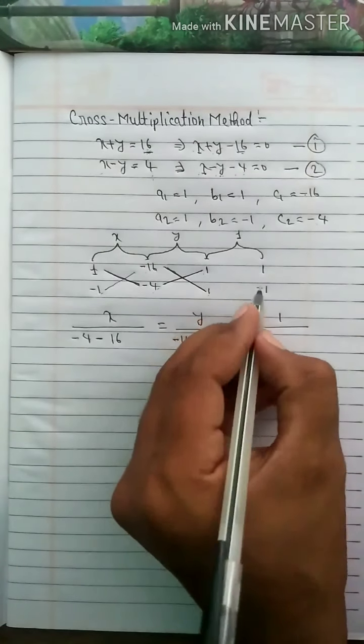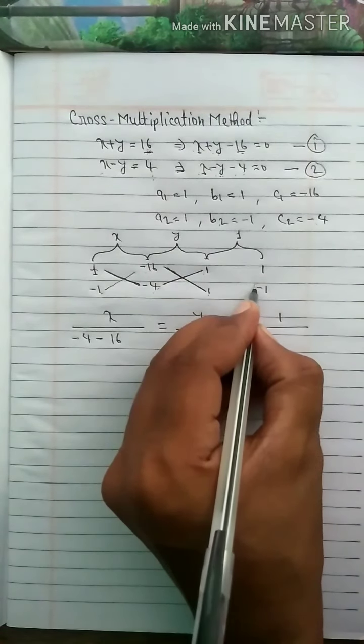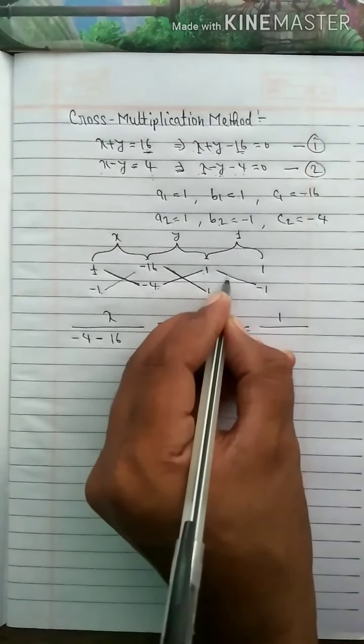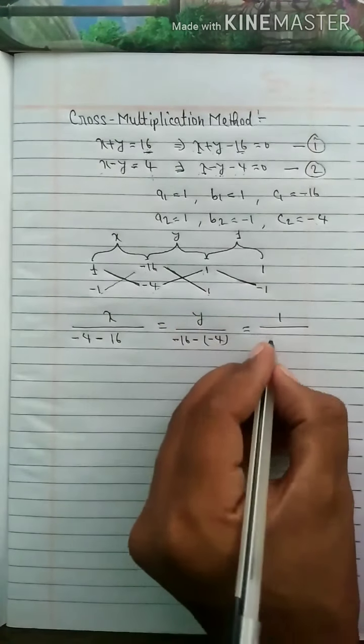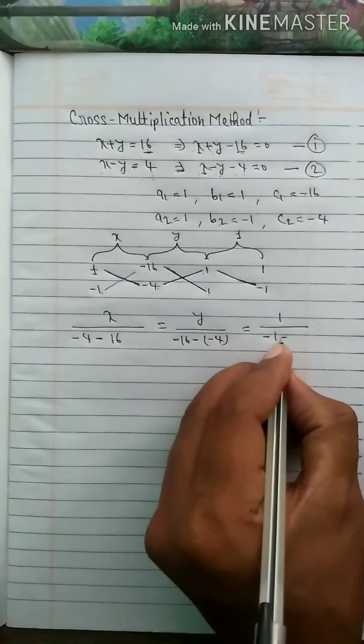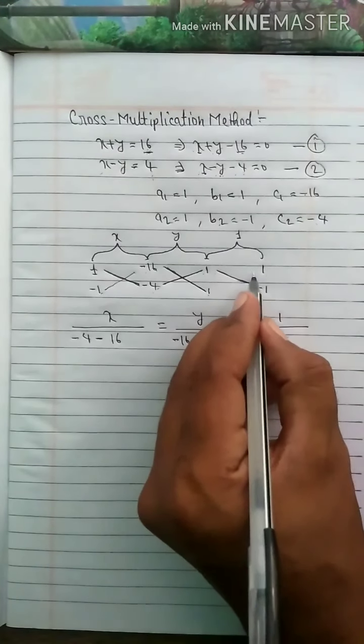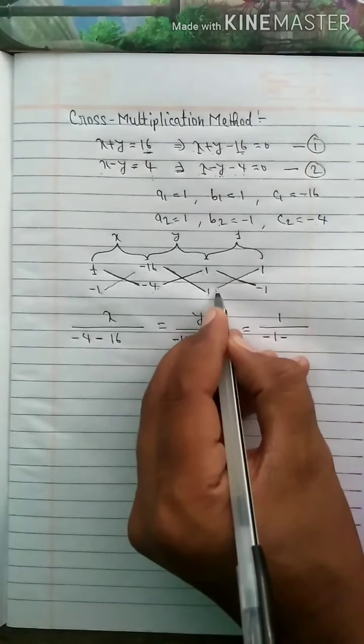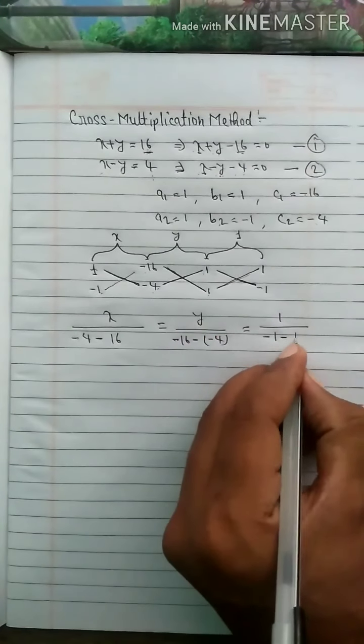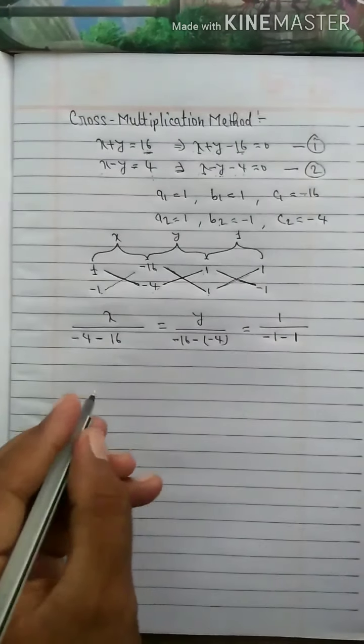and now similarly 1 upon. So now the same way firstly we will cross multiply like this. So 1 into minus 1 minus 1, then we will mark the negative sign, and then after we will cross multiply like this. So 1 into 1 1. So now we will write here 1, and now simplify this.